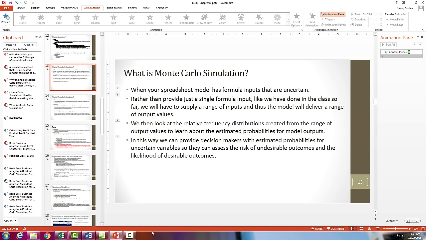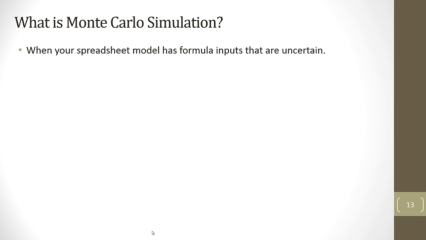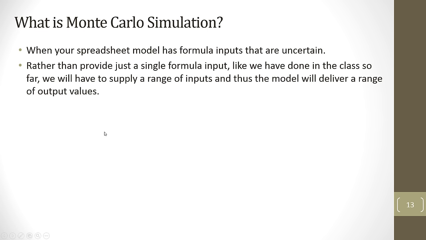I'm on slide 13. What is a Monte Carlo simulation? When your spreadsheet model has formula inputs that are uncertain, rather than provide just a single formula input like we've done so far in this class, Chapter 7 and others, we have to supply a range of inputs, and thus the model will deliver a range of output values.